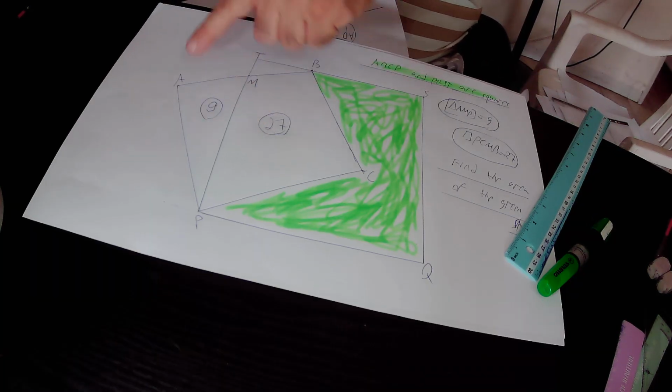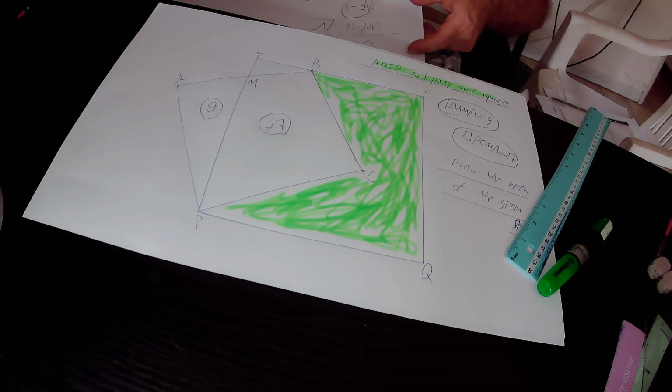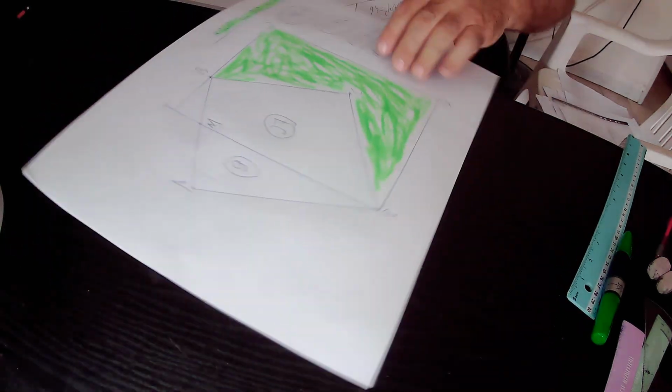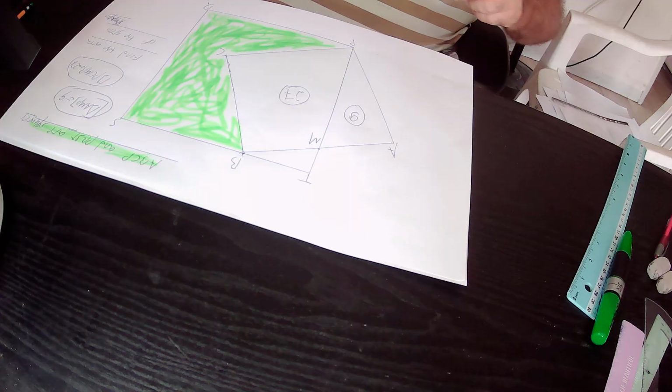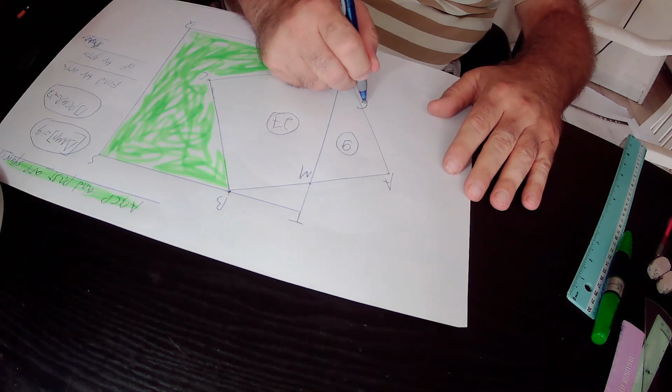This is side AP, which equals 6 units in length.